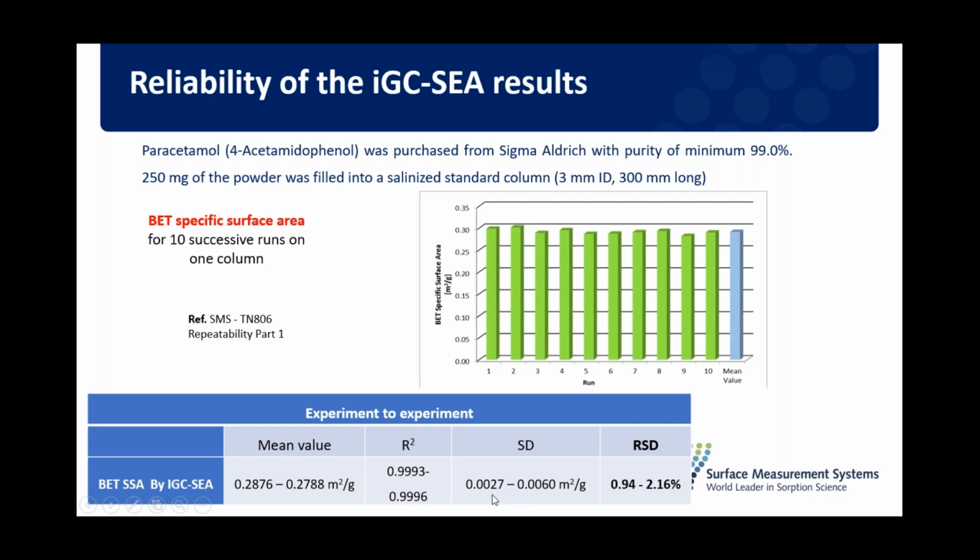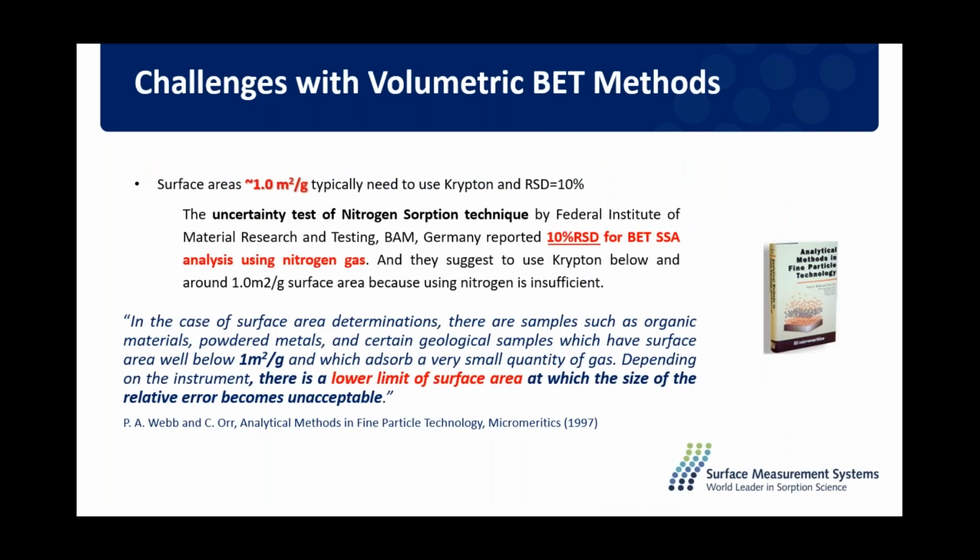Standard deviation was between 0.0027 and 0.006 meters squared per gram. So we can get excellent RSDs, approaching 1% of total value, even for a very low surface area material, a range in which many crystalline pharmaceutical materials and excipients fall.